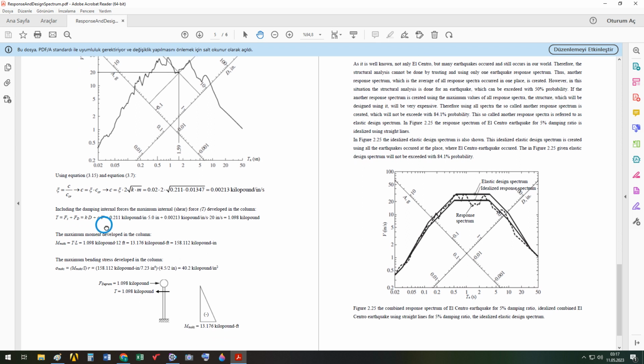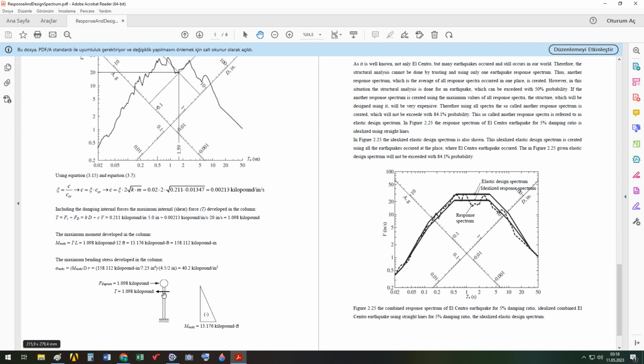The internal force developed in the column is the elastic force plus the damping force. It is obtained conservatively as lateral stiffness times the maximum displacement at the top of the column, plus the damping force from the maximum velocity. They might occur at different times, but they are conservatively summed up. So we obtain the internal forces developed in the column, which include elastic and damping forces.